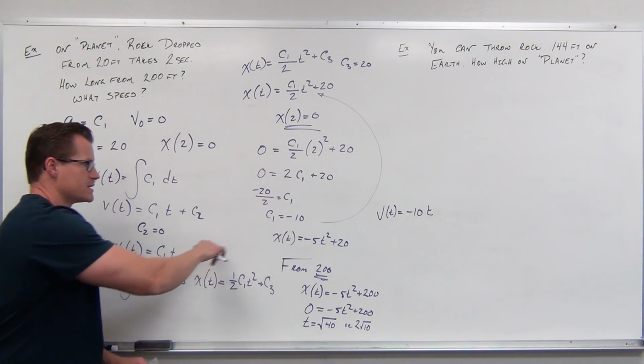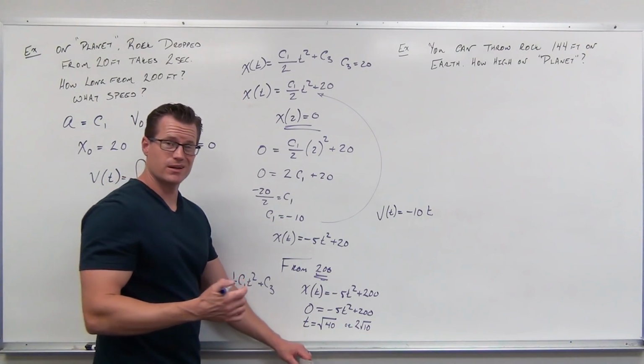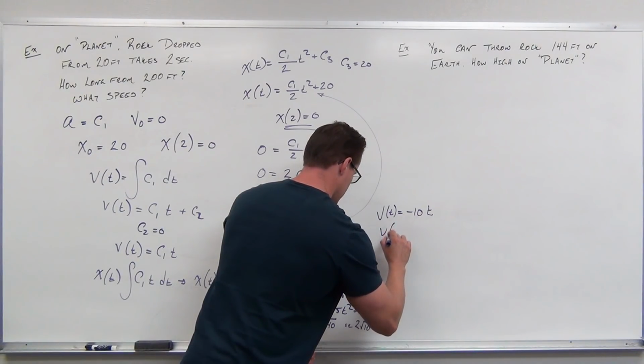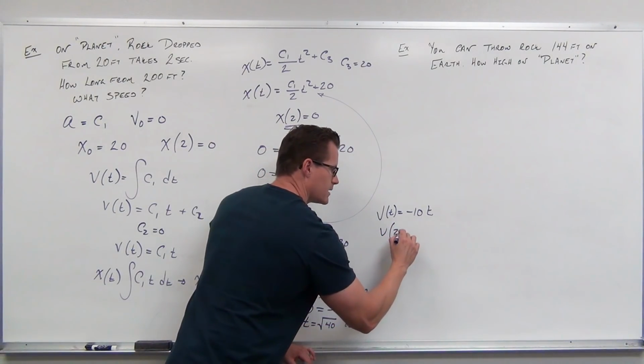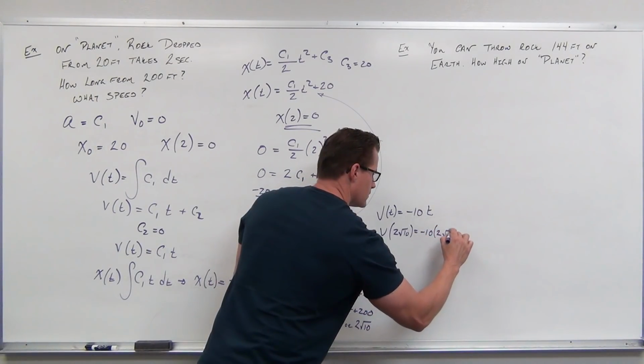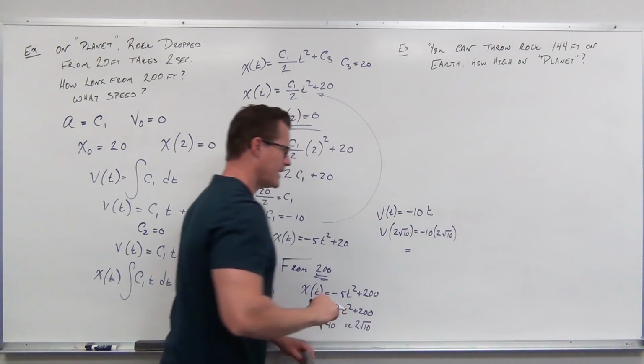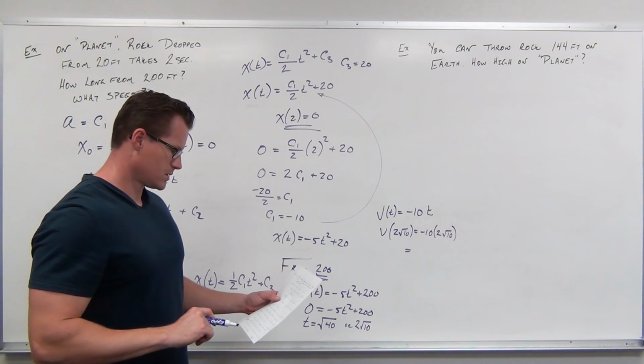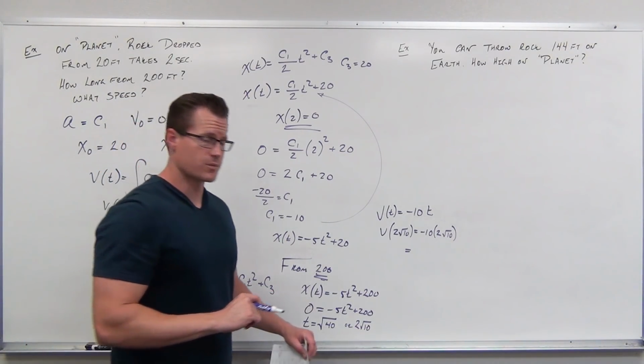We plug in our time. Velocity at 2 root 10 seconds is about, looks like, 63.25 feet per second.